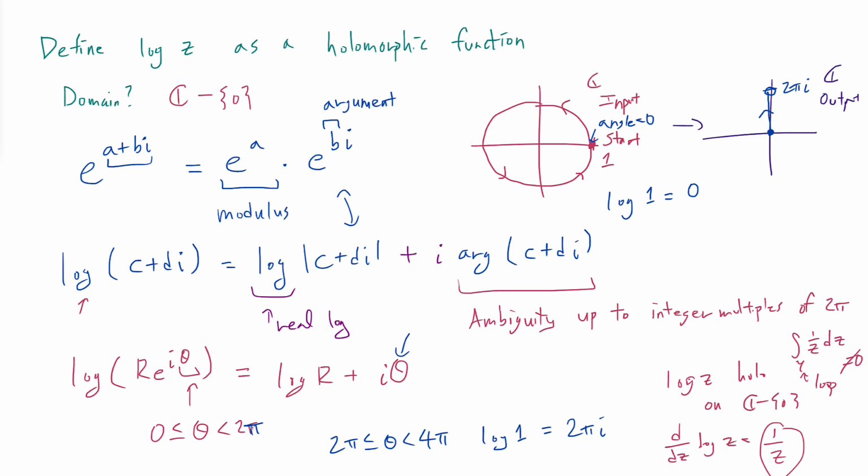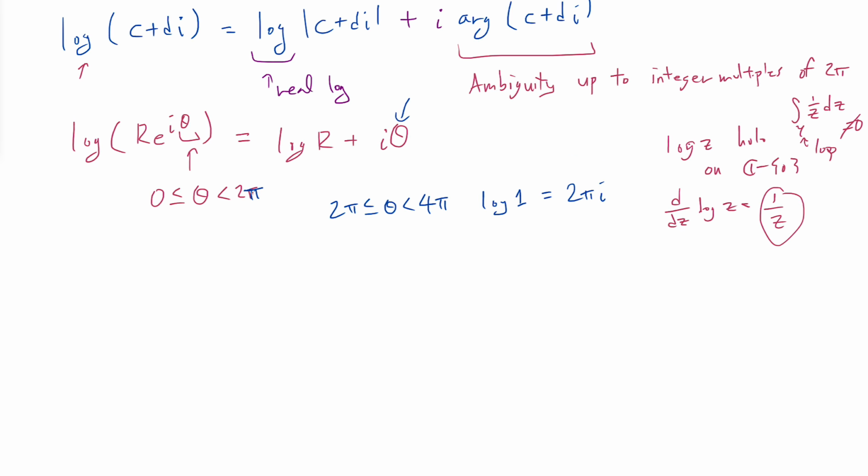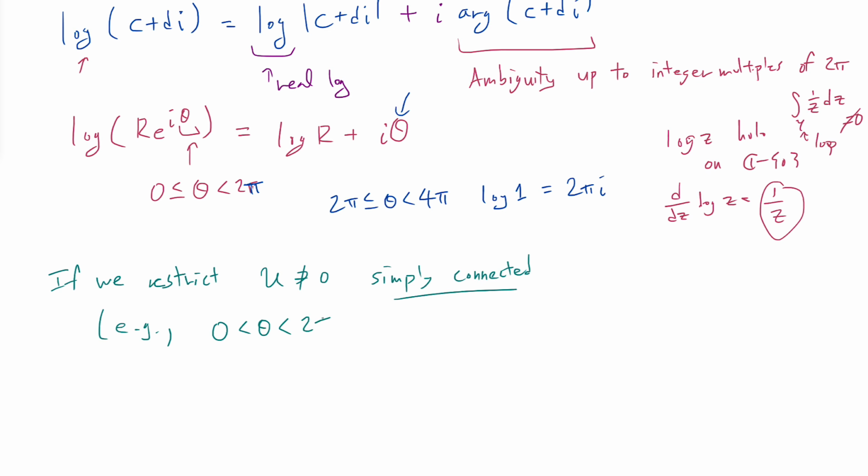But it is true that if we are willing to cut out even more things, so if we restrict U, which doesn't contain 0, to be simply connected. One example would be constraining theta to strictly between 0 and 2 pi. But let's actually do something where you keep the real line, so real log is still consistent.